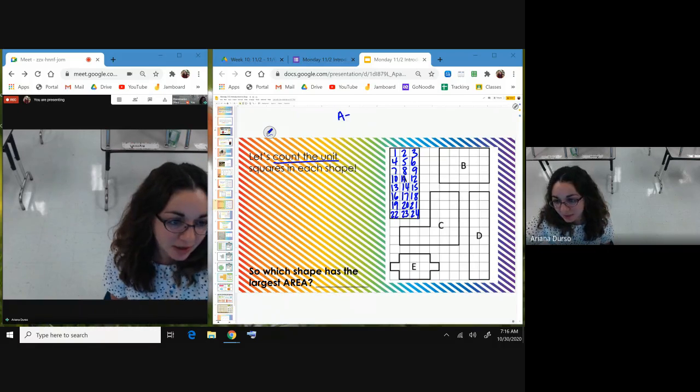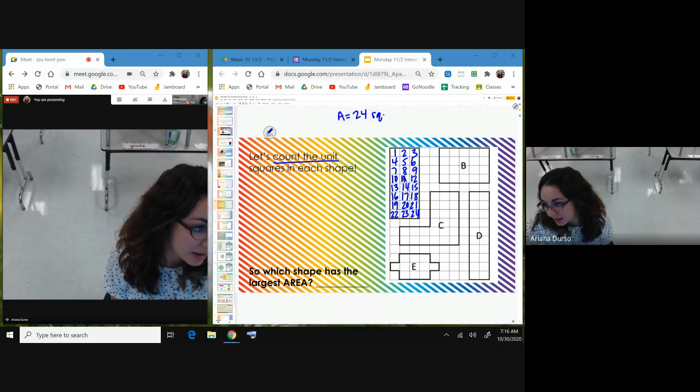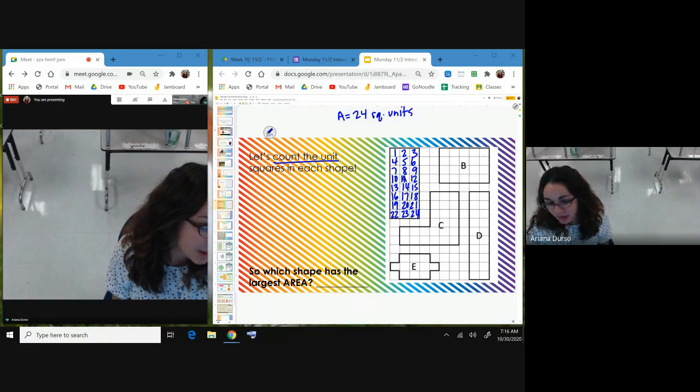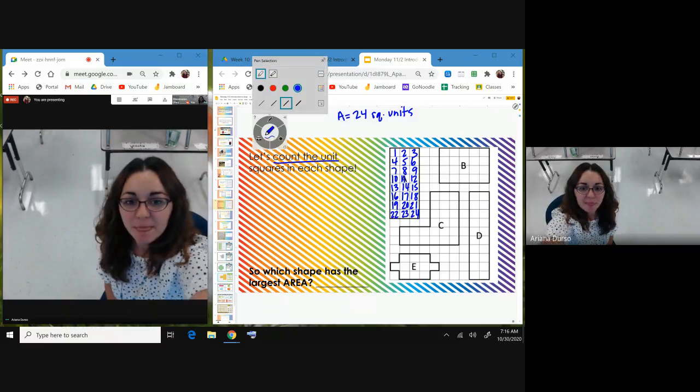So shape A has an area of 24 square units. How about shape B?